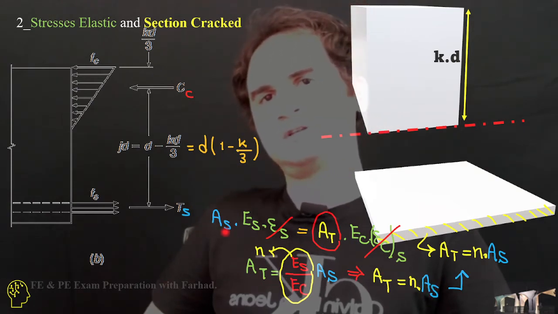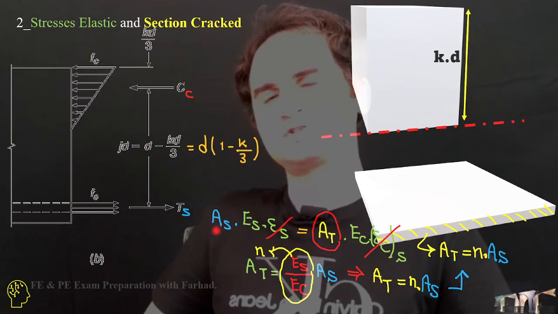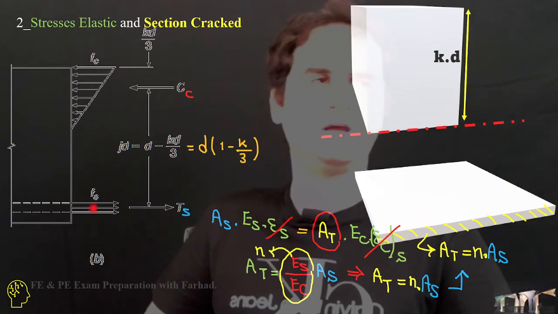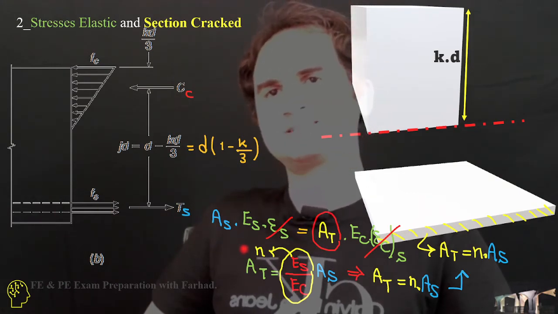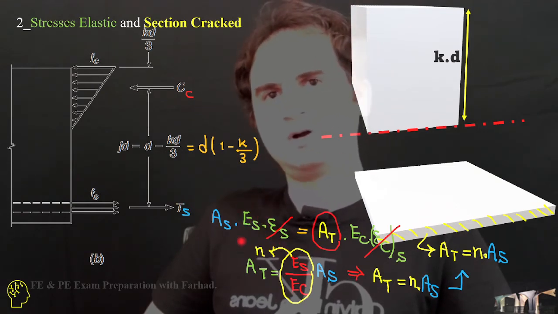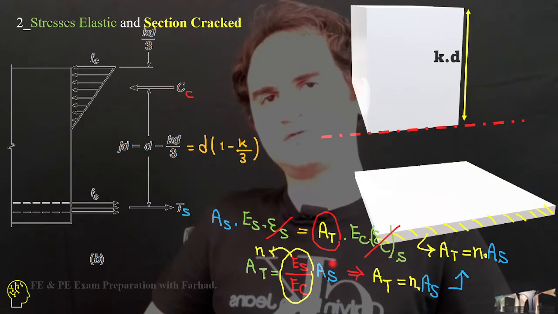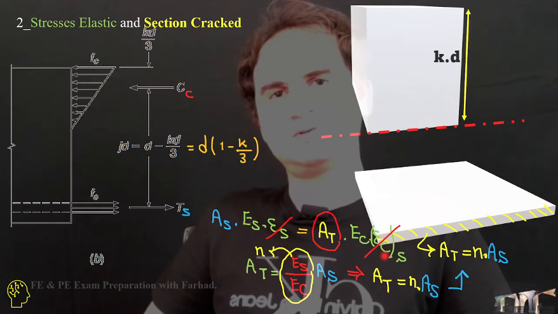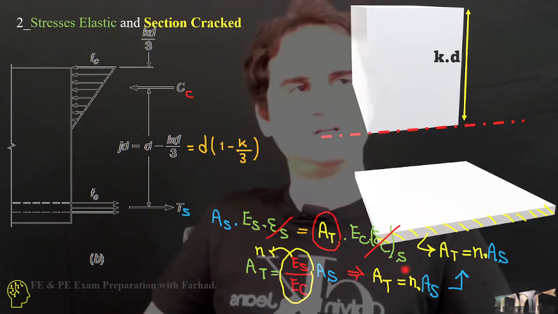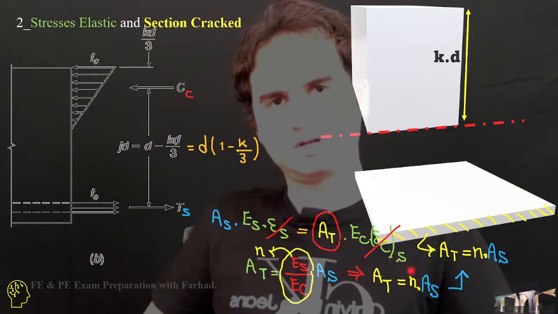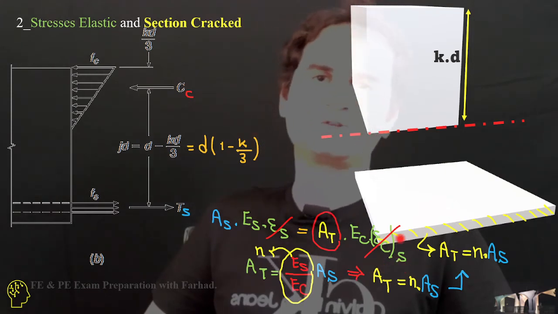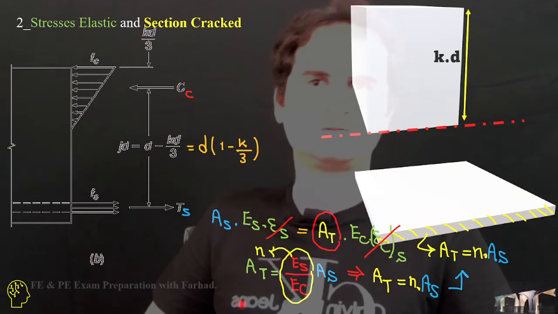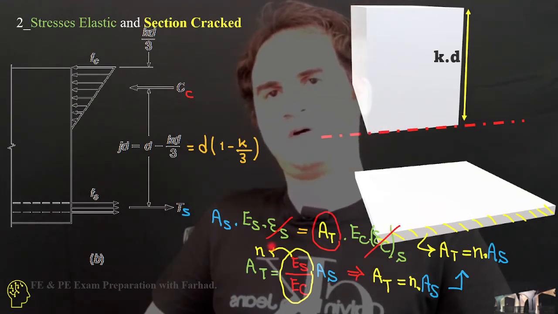Developing our equation, the tensile force of steel is equal to the compressive force in a balanced condition: As times sigma, by Hooke's law sigma equals E times epsilon, equals A transformed. When steel is transformed to concrete, epsilon for steel, which was originally steel but is now transformed to concrete, is the same as for concrete, so we can cancel these two out because they are now identical to each other.